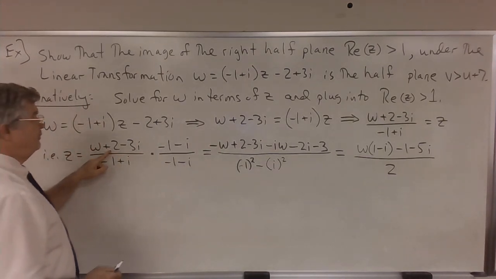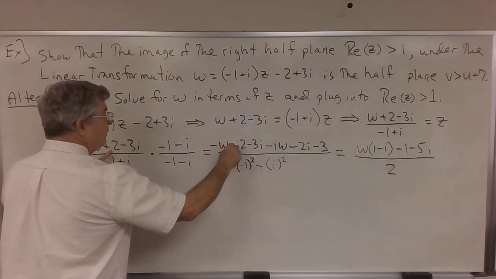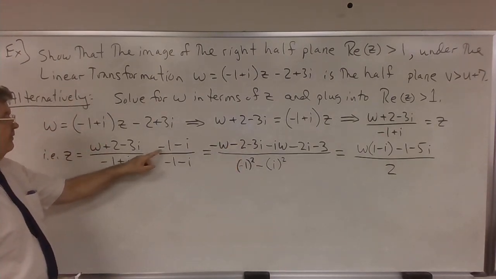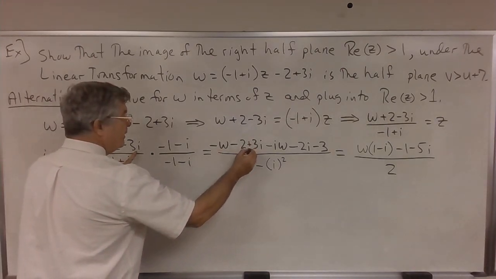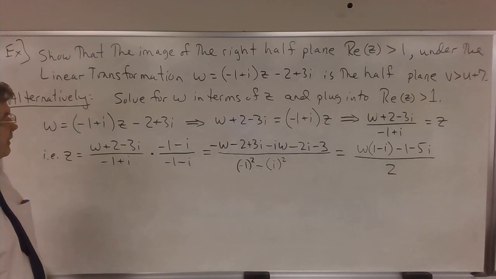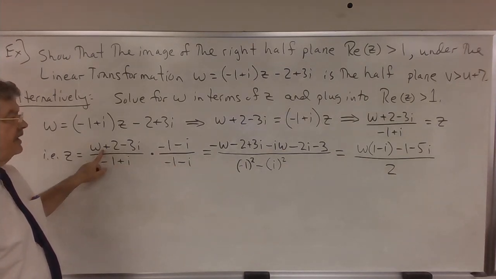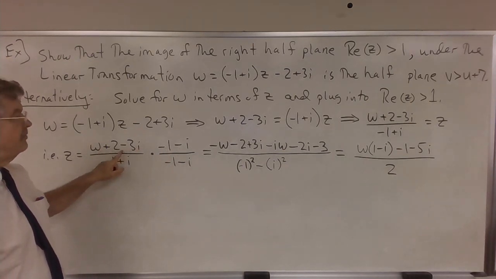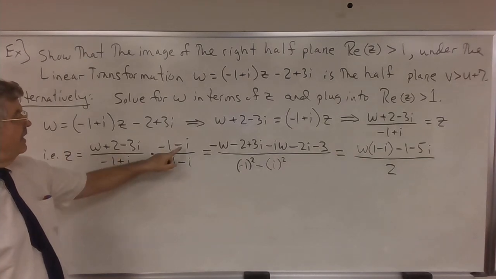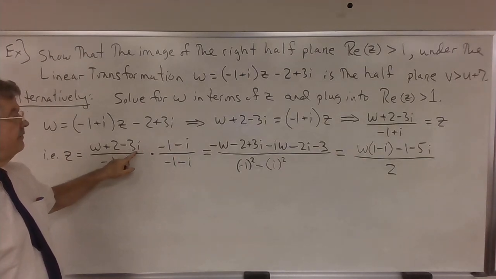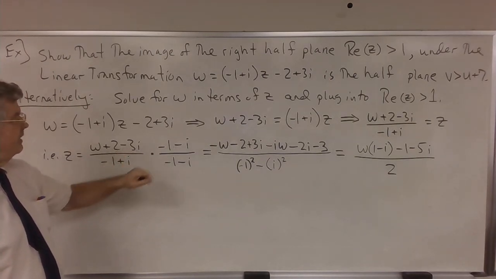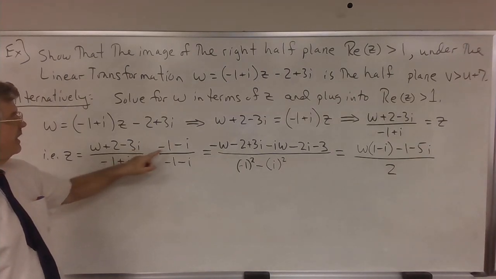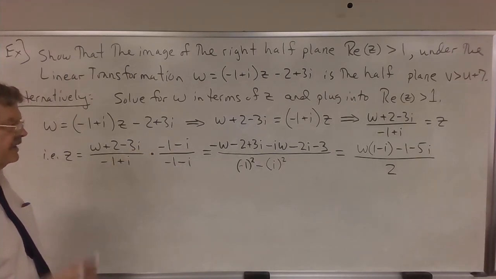Negative 1 times 2 is negative 2. Negative 1 times 3i is plus 3i. Okay, negative i times w, negative iw, negative i times 2, negative 2i, negative i times negative 3i. Negative times negative is a positive, so this is 3i times i, which is negative 3. Good.